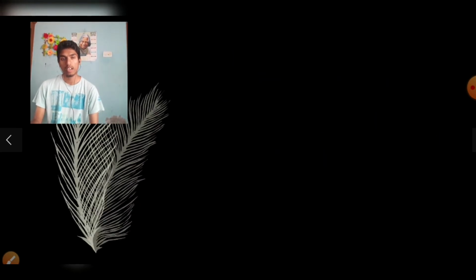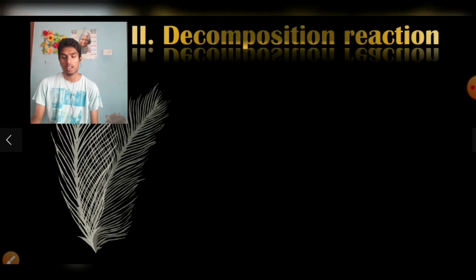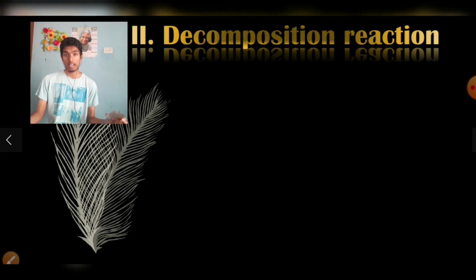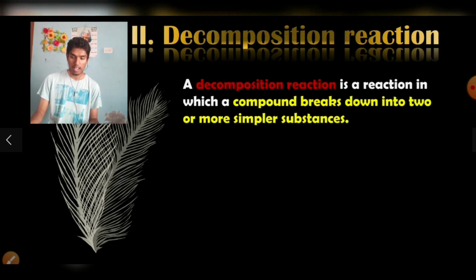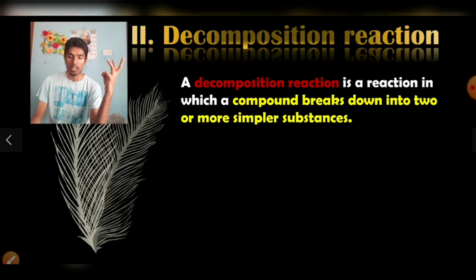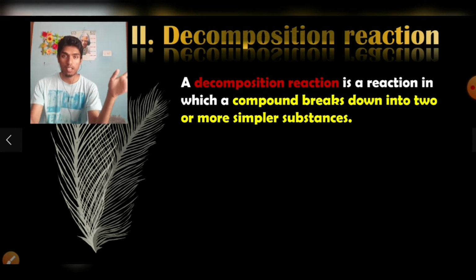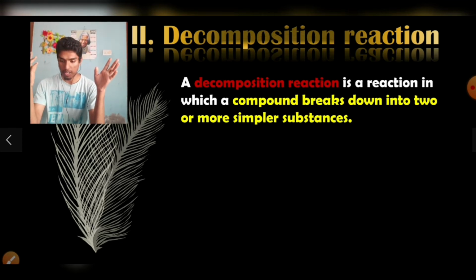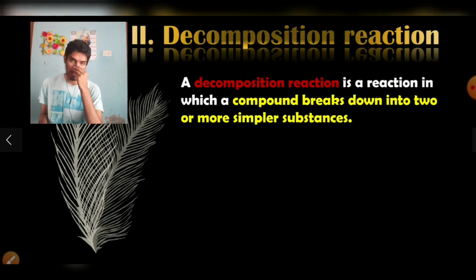So the next chemical reaction is decomposition reaction. What does decomposition mean? Decomposition means basically breaking down of a substance, right? Similarly, in this reaction, we find that a compound breaks into two or more products, which are simpler substances.